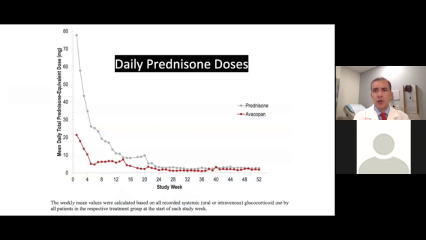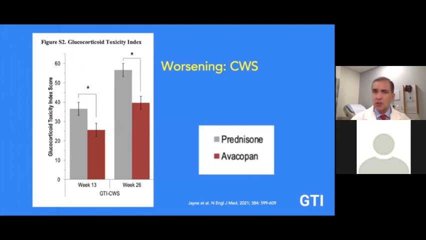This graph shows the cumulative steroid doses, actually the daily prednisone doses, the mean daily prednisone doses in the two treatment groups. Gray is the standard of care group, and maroon is the new treatment group. And here are the cumulative worsening scores for these two different treatment groups at both 13 weeks and at 26 weeks. And what one can see, again, the gray bar represents the standard of care, and the maroon bar represents the new drug, avacopan, cumulative worsening scores at 13 and 26 weeks.